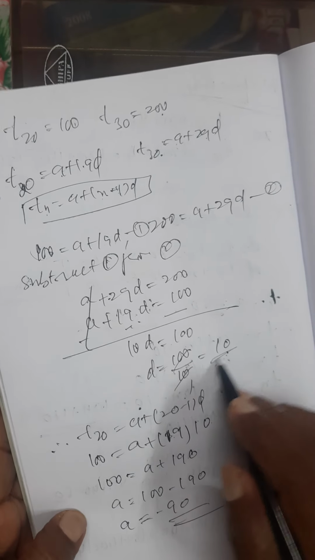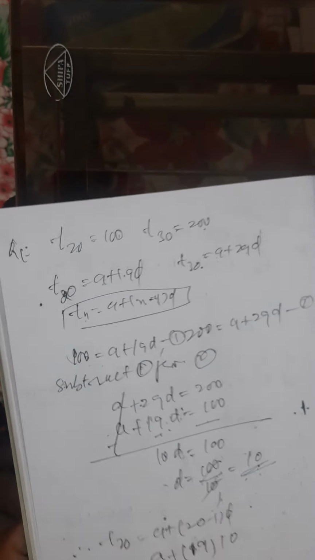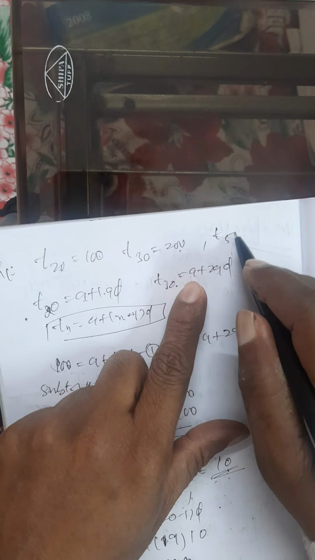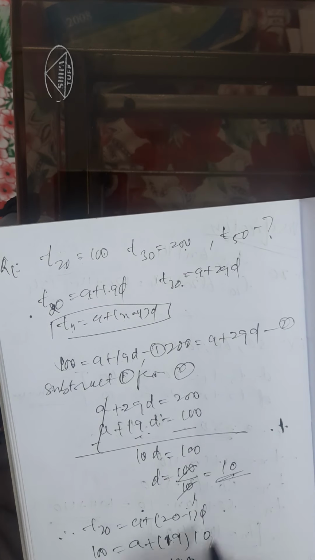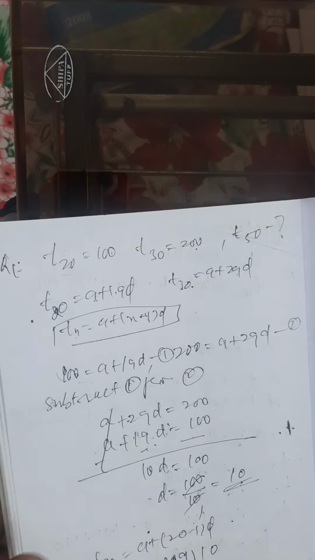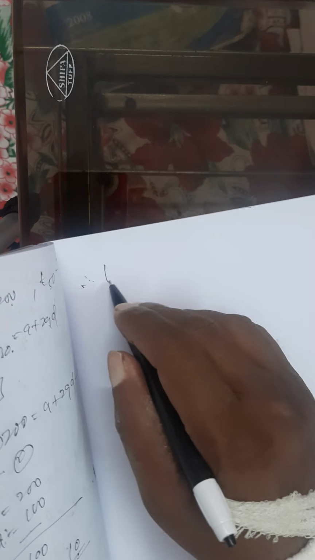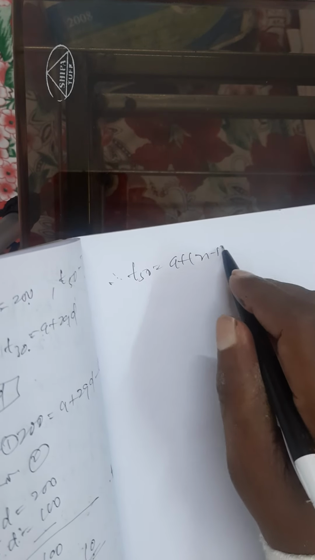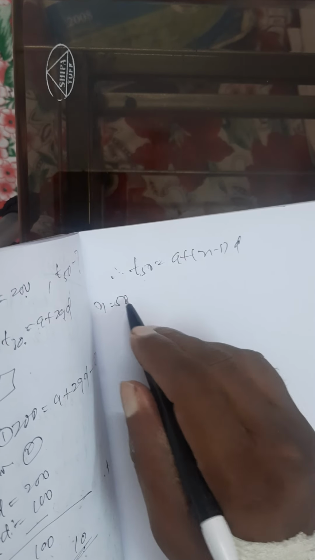Now we can find any term. We know D and we know the first term. Suppose these two are given and it asks to find T50. We have to know A and D, then we can find T50. T50 equals A plus n minus 1 into D. This is the nth term formula.